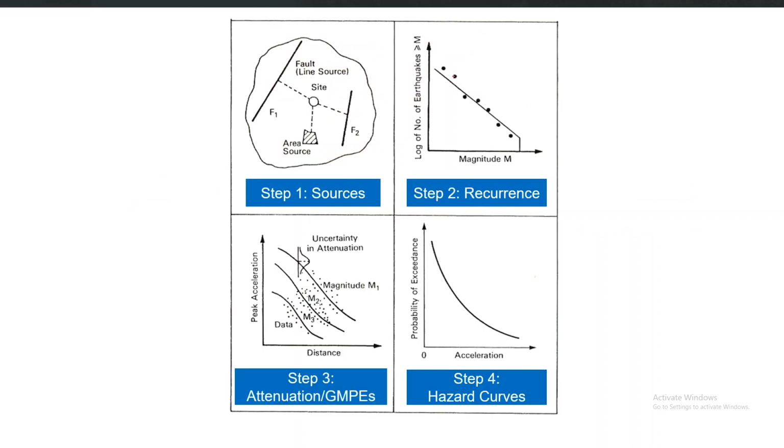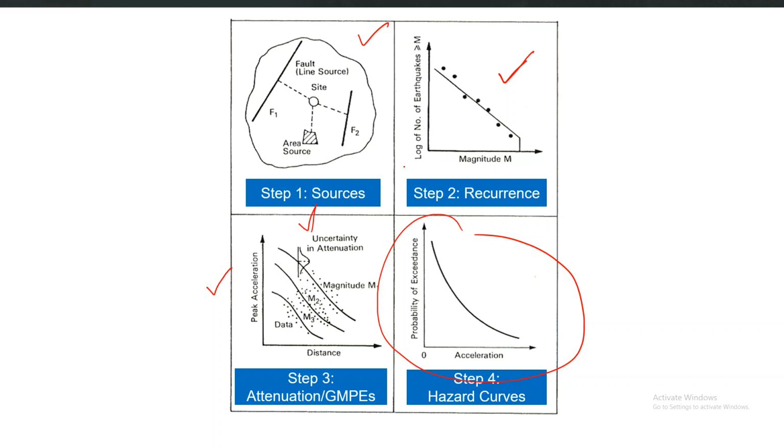These are those 4 steps: seismic sources, then the magnitude recurrence relationship, which for each seismic source you can plot, then the selection of the attenuation model. Now we are at the last stage, where we have to construct the probability of exceedance or annual frequency of exceedance as a function of the peak ground acceleration. In the last stage we use the information from the MR relationship as well as the GMPE.